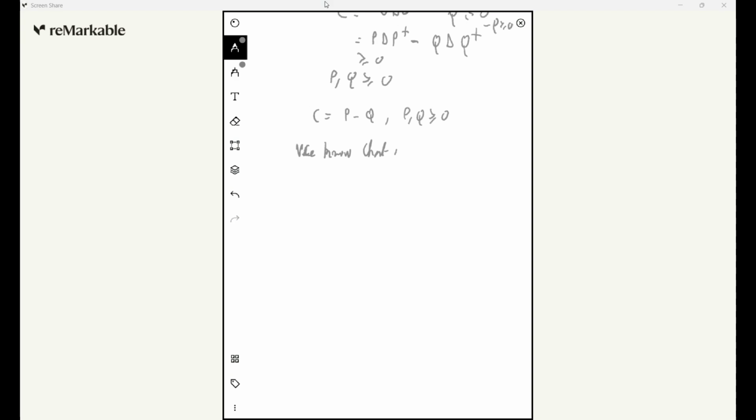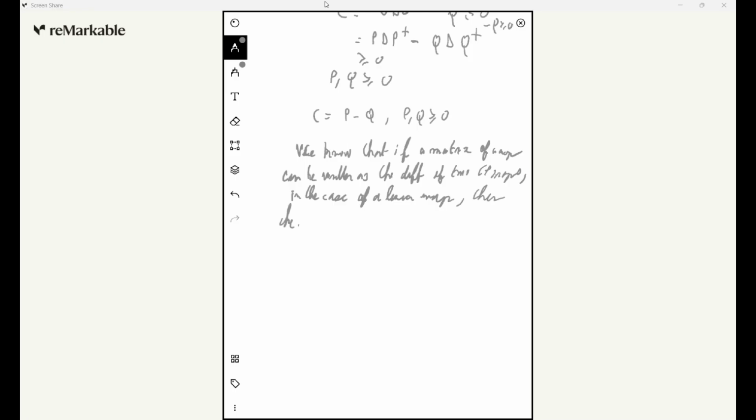But we know that if the matrix of a map can be written as the difference of two CP maps, in the case of a linear map, then the map itself can be written as the difference of two CP maps.